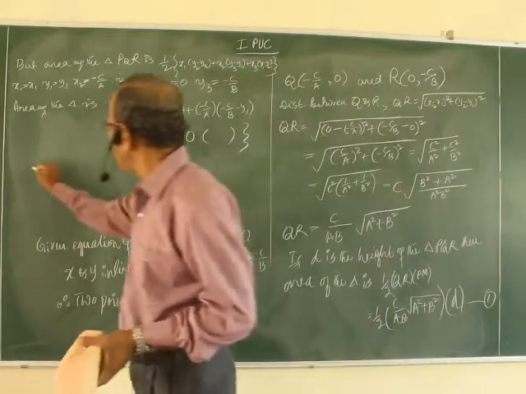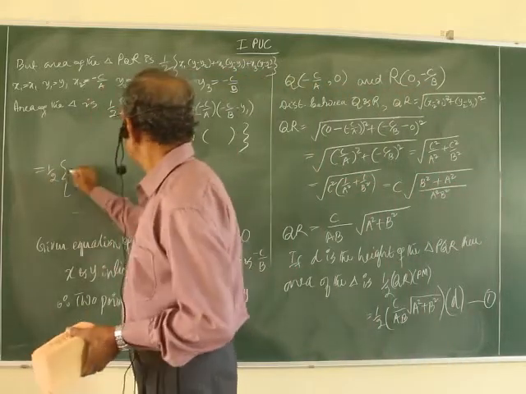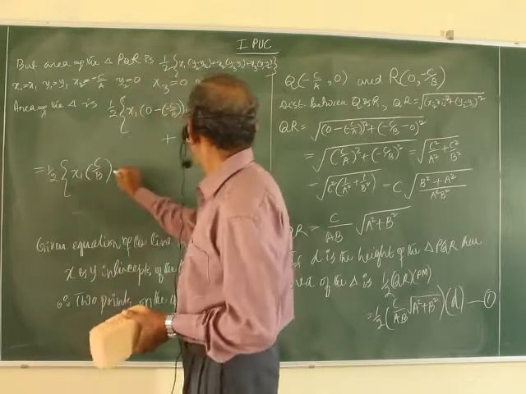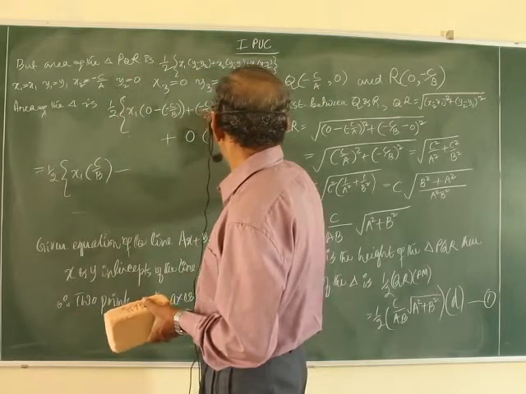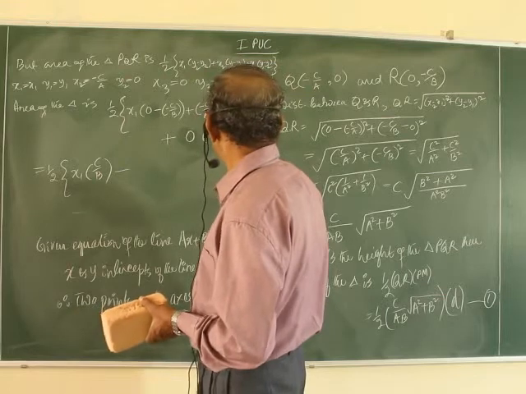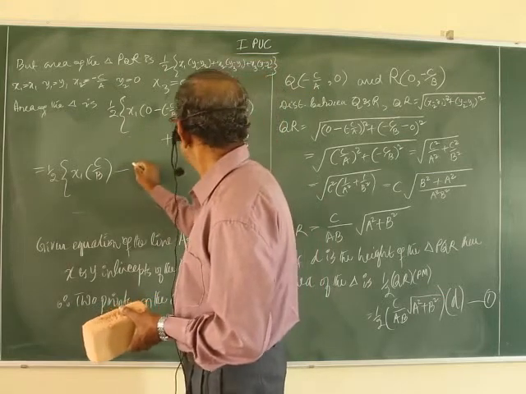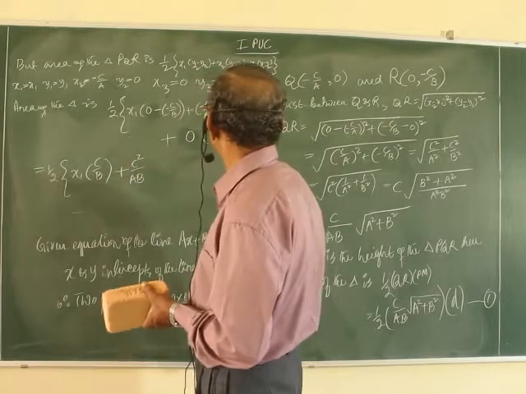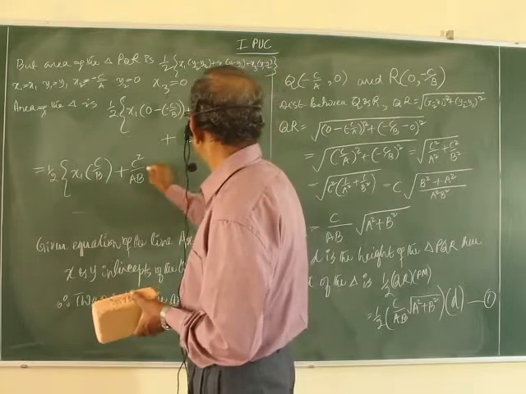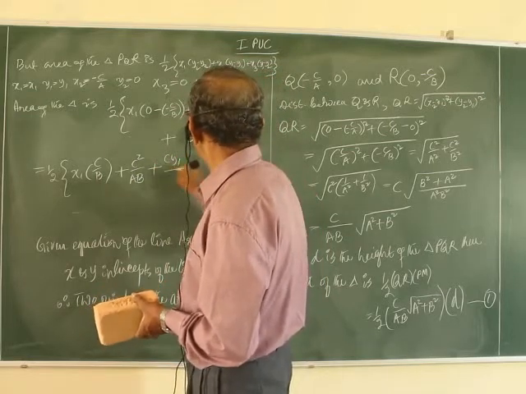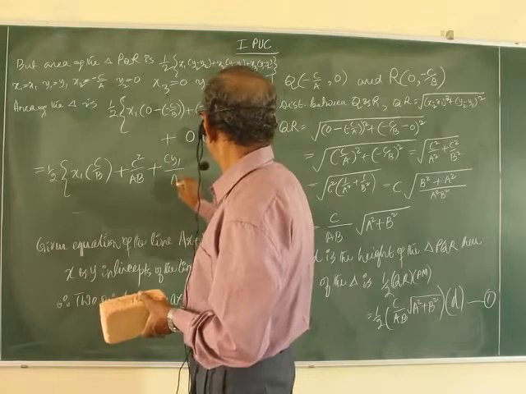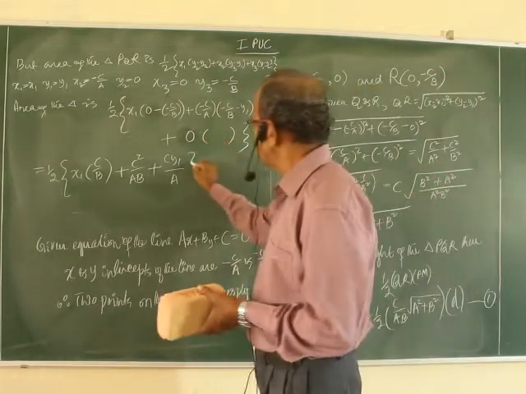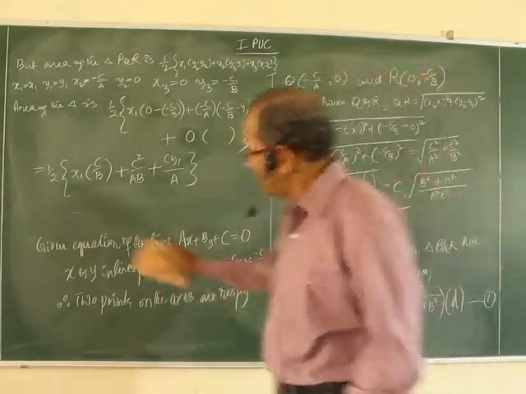Or it is equal to half into x1 into plus c by b, minus into minus plus c square by ab, minus into minus plus c y1 by a. This is 0, not necessary. Simplify.